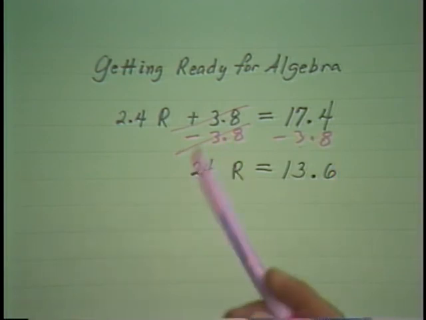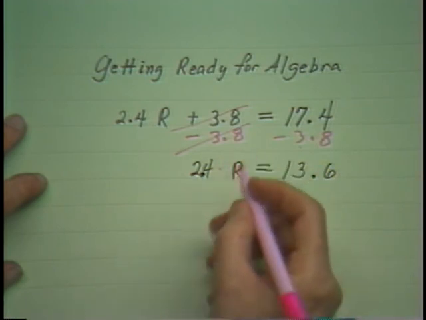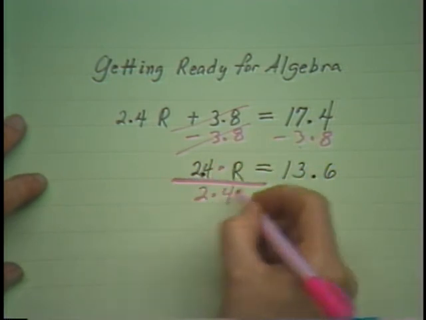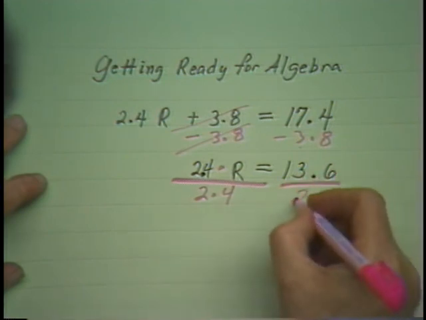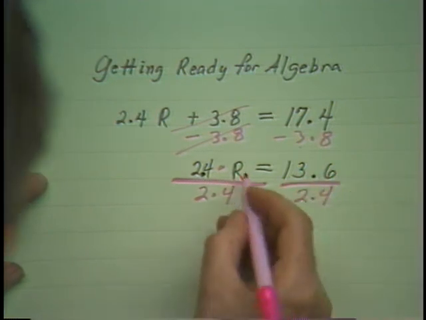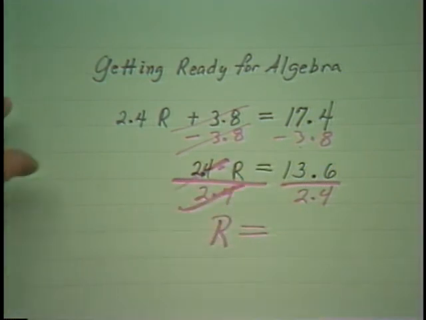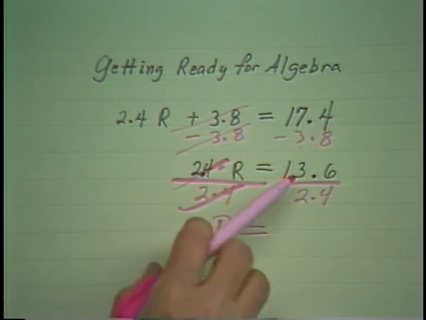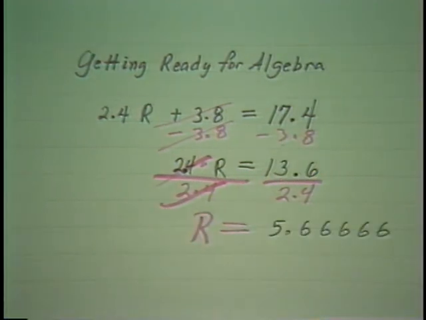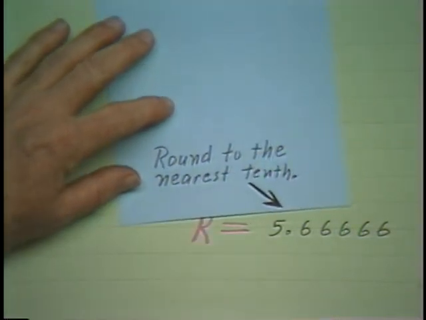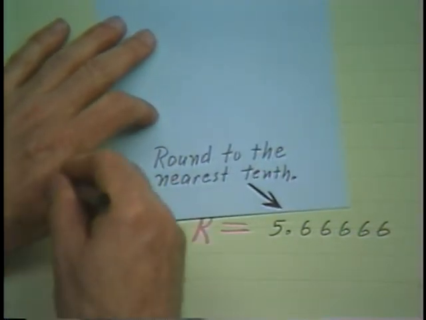Now to undo this multiplication here, we will divide, in this case by 2.4, both sides, and this undoes that, leaving the r isolated. And carrying out this division, again we get an unending decimal, so we must ask of the physical application or whoever is having us do this, how do they want us to round off?